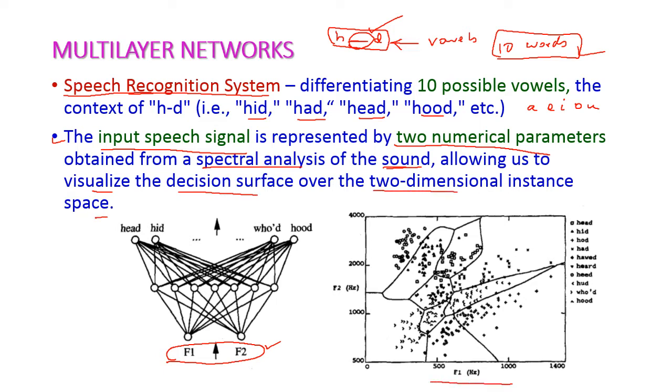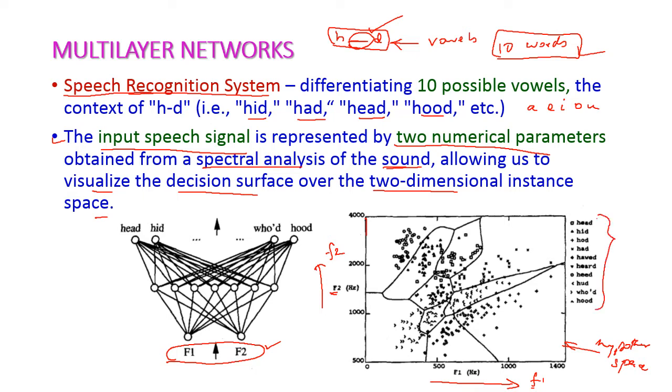The x-axis is F1 and the y-axis is F2, and this is the hypothesis space. So based on the input value, we have to classify that particular word into any of the 10 words.